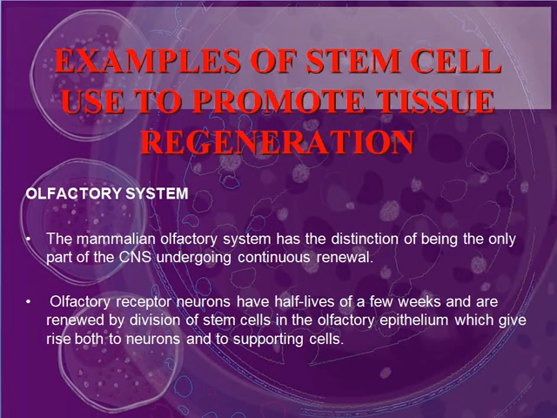So, examples of stem cells used to promote tissue regeneration. In the olfactory system, the mammalian olfactory system has the distinction of being the only part of the central nervous system undergoing continuous renewal.